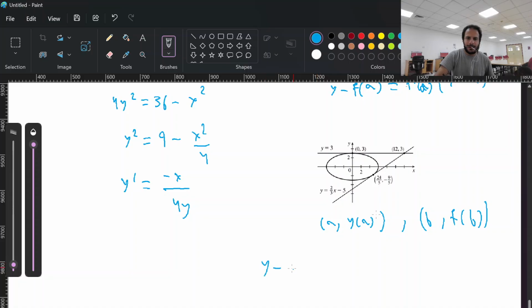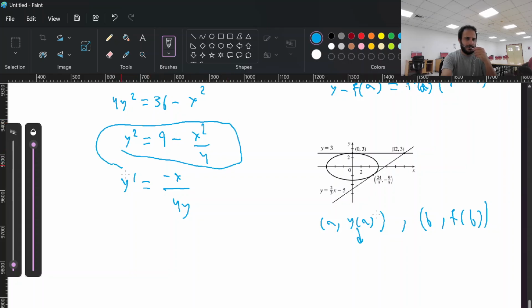But before that, what is the value of y of A? We can find it from this equation, right? The y squared equals 9 minus a squared over 4, so y is plus or minus the square root of 9 minus a squared over 4, right?